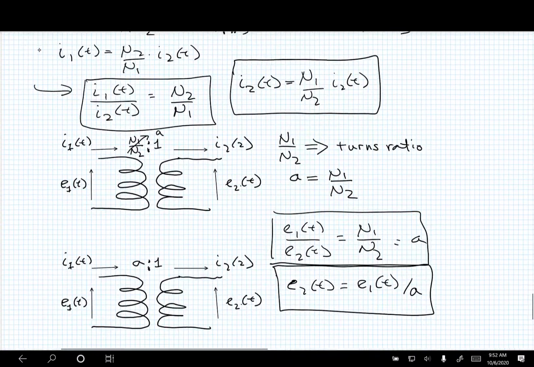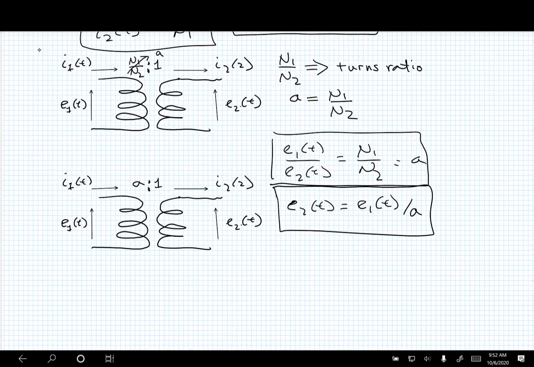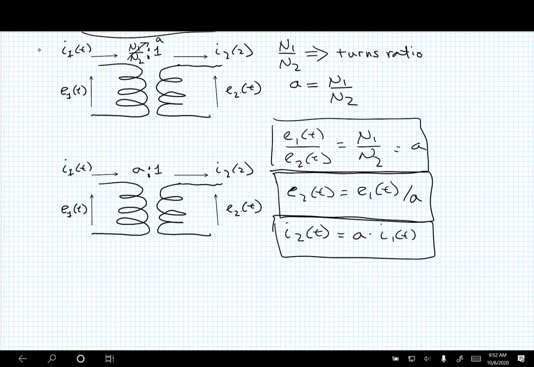Now we had the current, same expression: I2 of t is equal to the turns ratio times the current on the primary side. Does that make sense? Any questions about that?